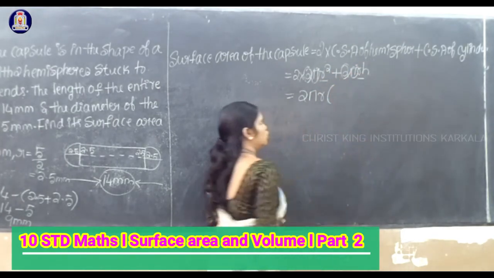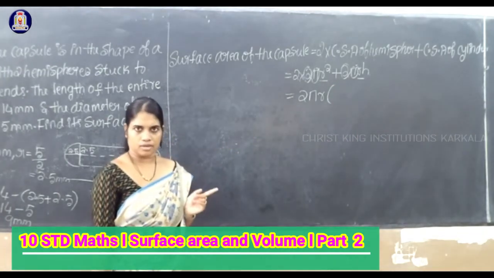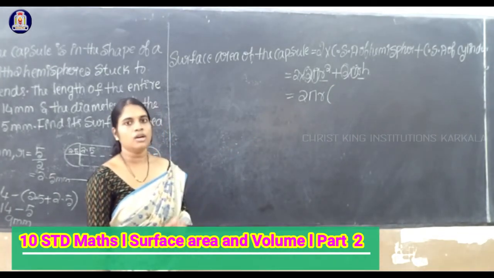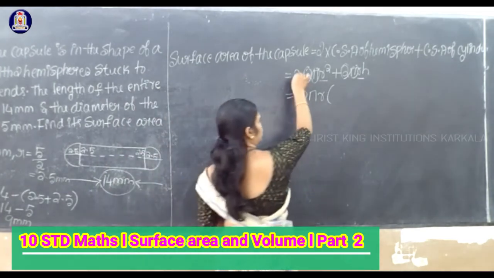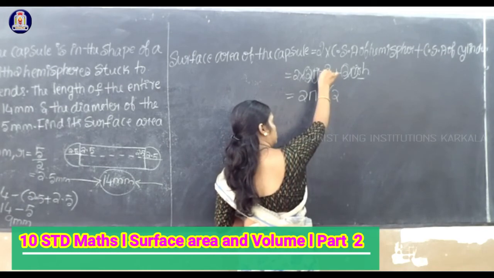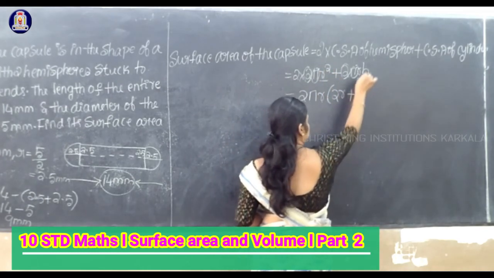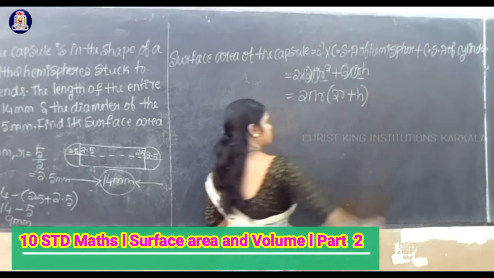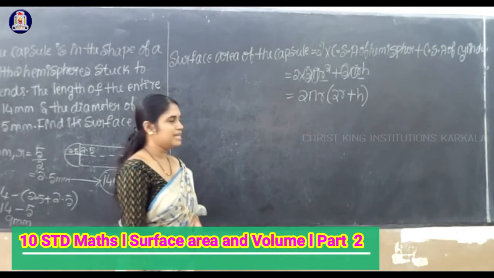So 2 pi r is common. Now write the remaining terms: from the r square, 1 r outside, so 1 more r remains, plus h. So 2r plus h remains.